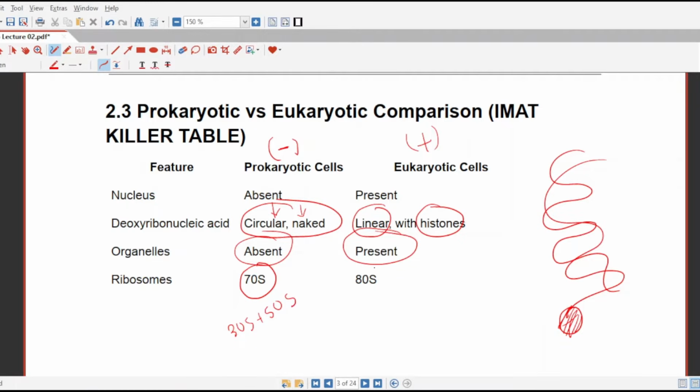In case of eukaryotic cell, the ribosome will be 80S, and if we break it down, it will be 40S plus 60S. Don't get confused. These two units are actually subunits. 50S is large subunit, 30S is small. And in case of eukaryotic cell, this 60S is large and 40S is small subunit.